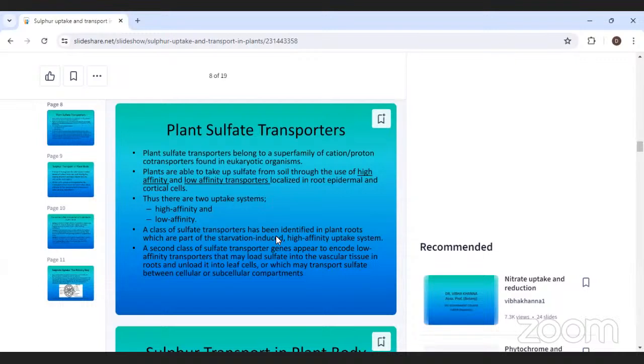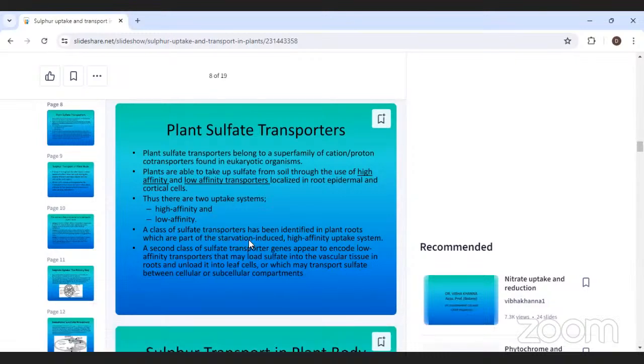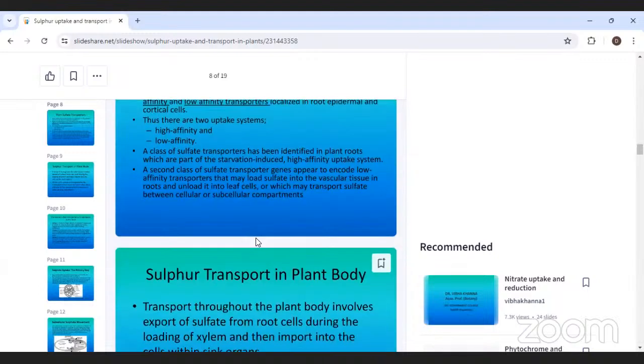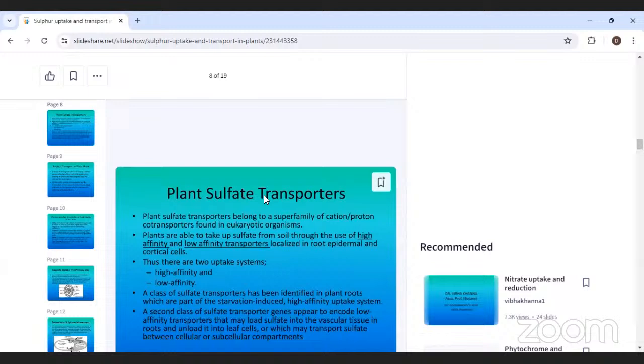Sulfate uptake is inhibited by sulfide, selenite, molybdate, and chromate, as chromate competes with sulfate for binding to the transporter. There are high and low efficiency sulfate transporters.